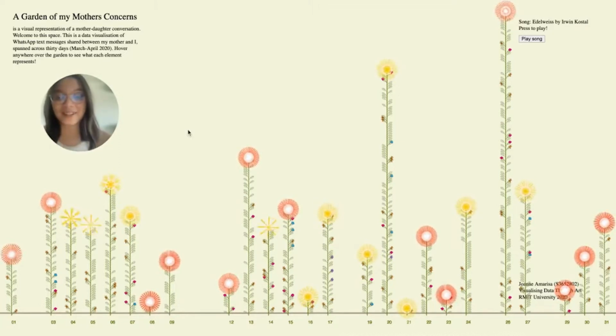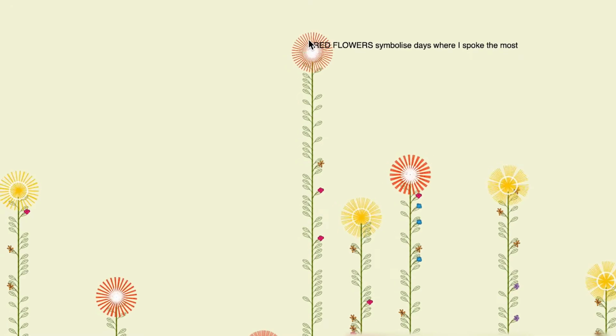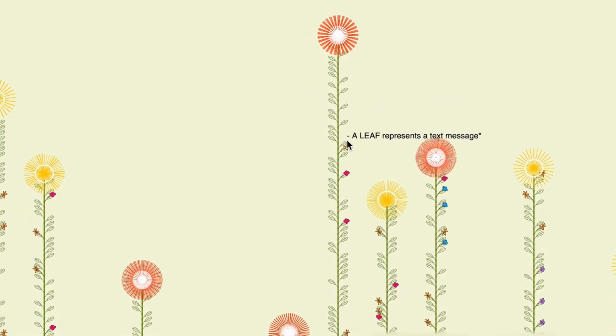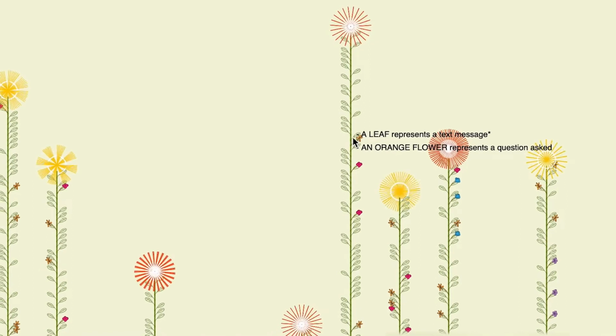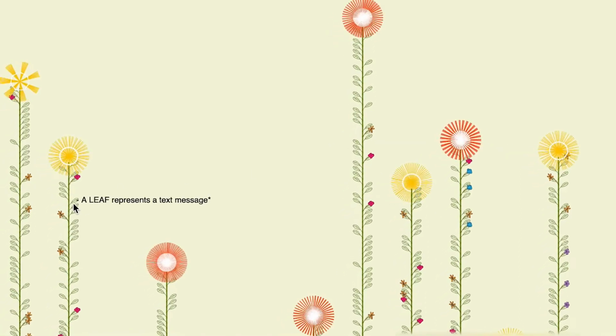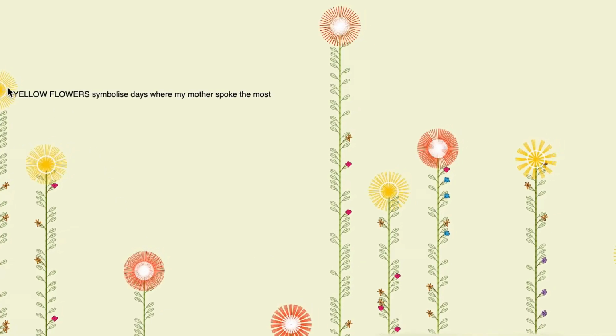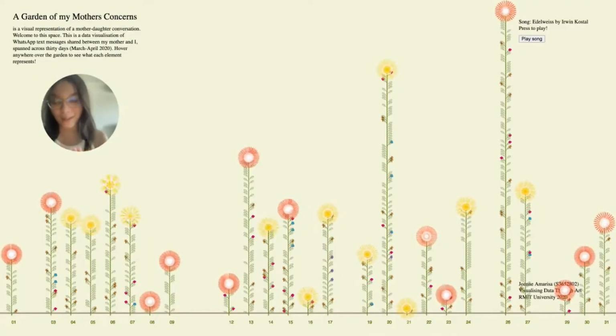But anyway, what I wanted to raise with this DataVis was that I wanted to use data to capture a snapshot of our relationship, but also the smaller flowers represent certain patterns or nuances in those text messages. I focused mainly on the themes that would come up because we were away, we were isolated.